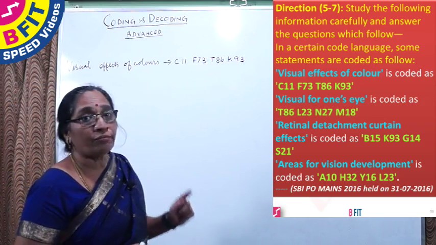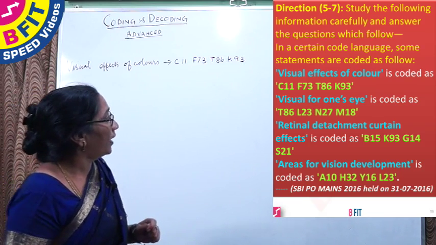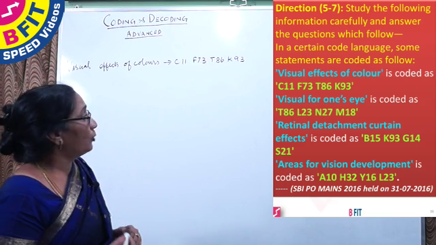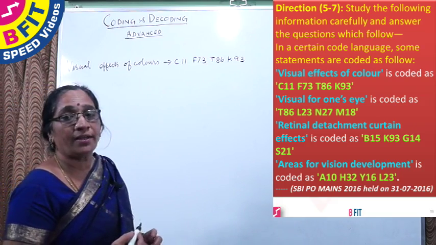Then visual for one's eye is coded as T86, L23, N27, M18.